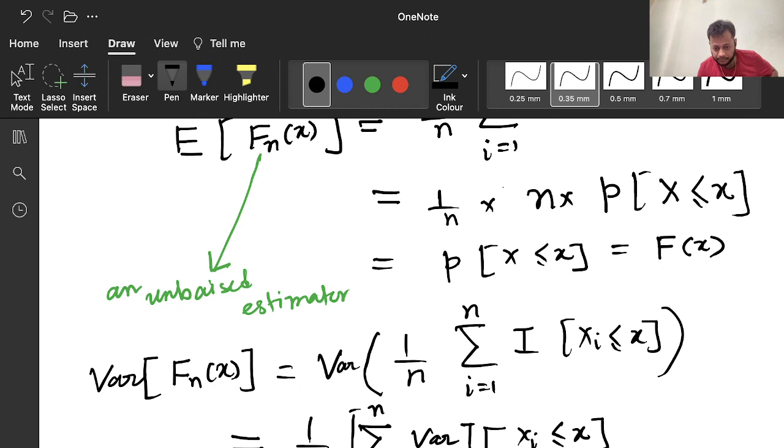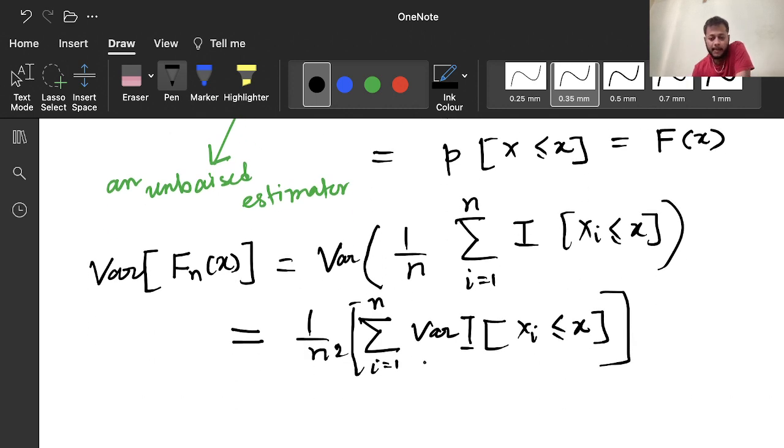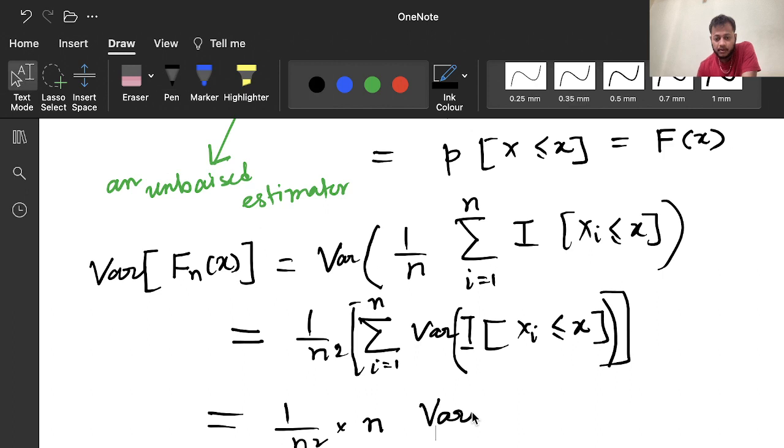Since the X_i's are independent, the variance of all the terms will be same, so this will give you 1 by n square into n, the variance of an indicator function, that is X less than or equal to small x.